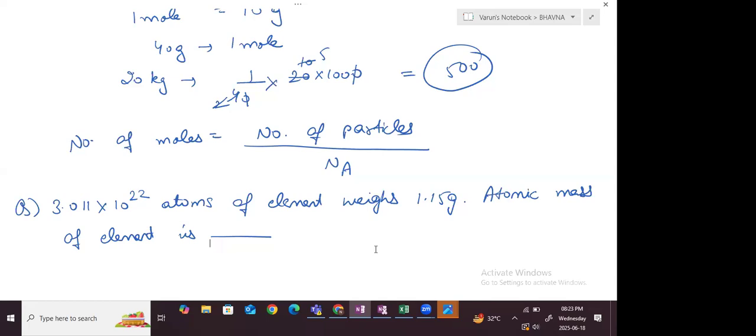Yes. So how much weight does one atom have? You have to relate.